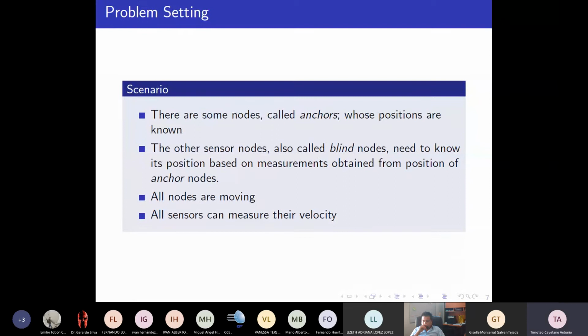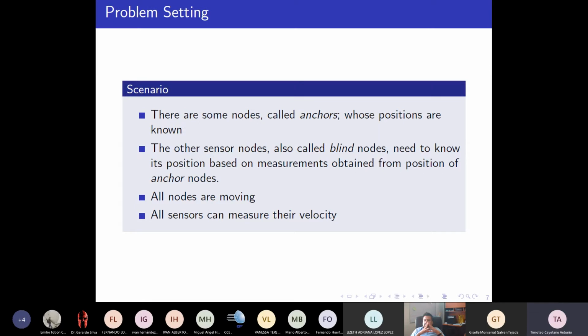In this part, we can set the problem of localization in a wireless sensor node application. I want to mention here that there are 2 types of nodes. The first one is called the anchor or seed nodes, and these nodes know their position all the time.